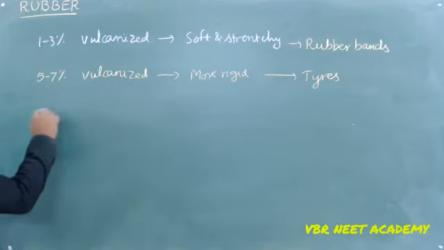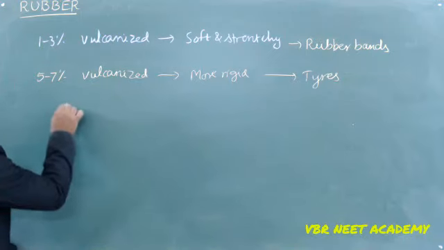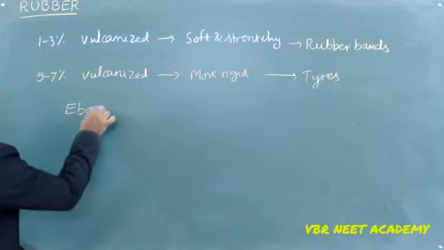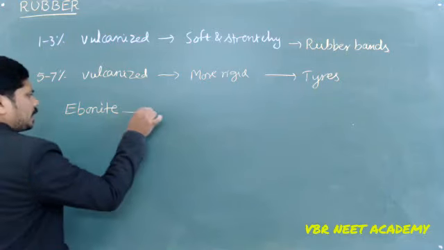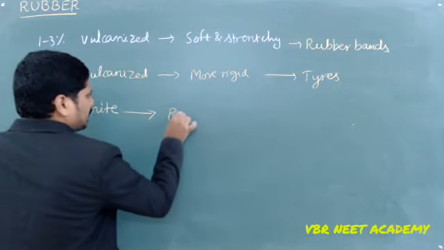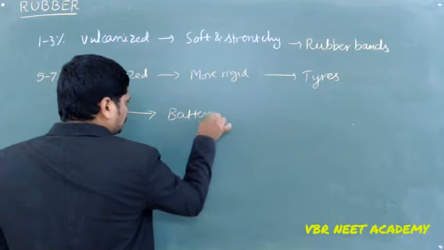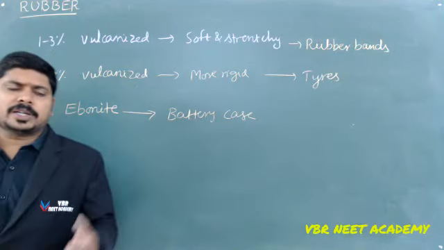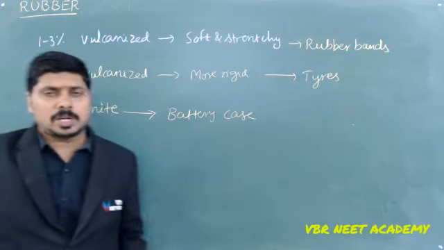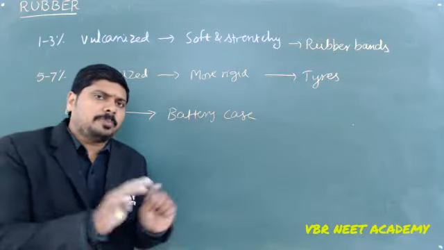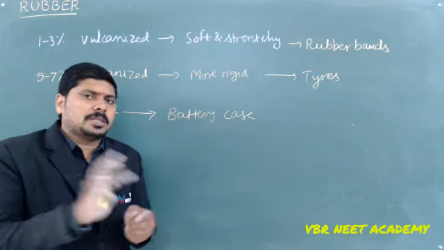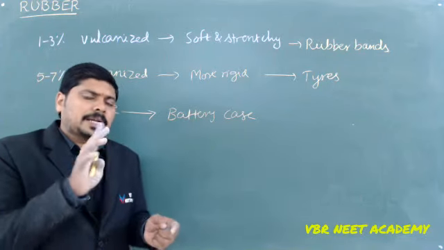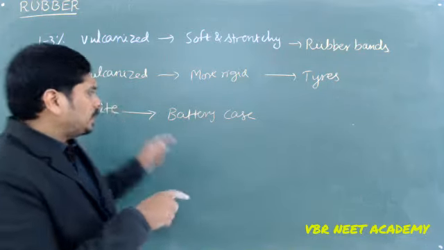And more vulcanization makes it so hard that it is called ebonite, which is useful for battery cases. I think every one of you has seen inverter batteries or car batteries, and outside you have what looks like plastic. It is not actually plastic, it's a rubber. That rubber is ebonite, that is vulcanization.